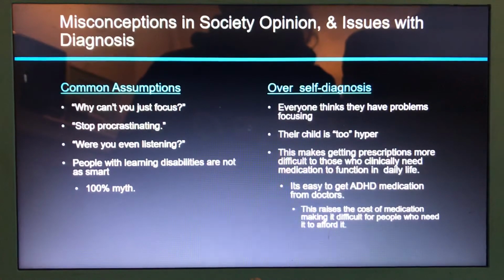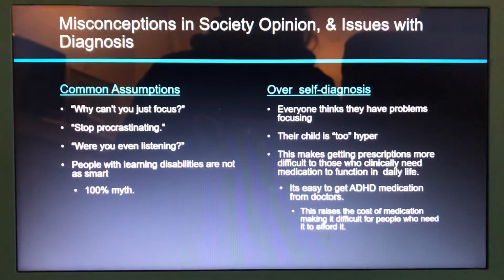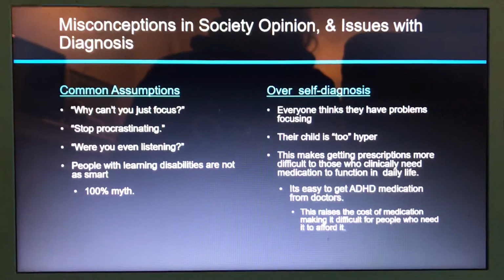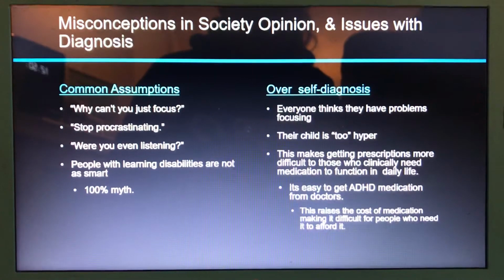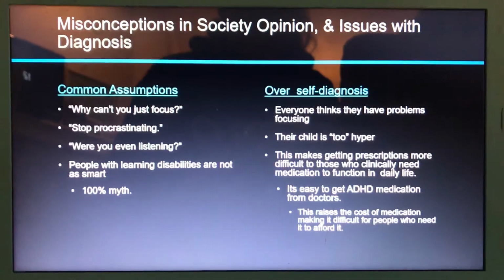And another common assumption that some people have is that people with ADHD or ADD and others have this conception that they're not as smart, and I just want to say that that's completely not true.